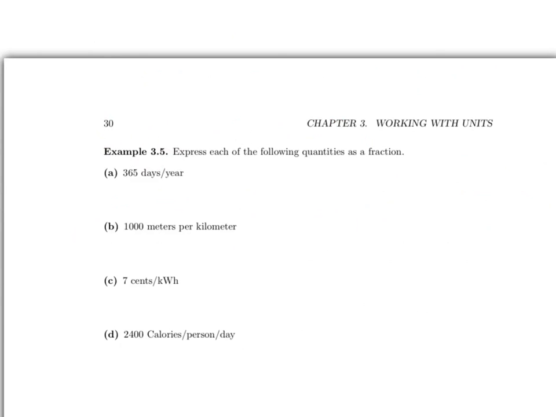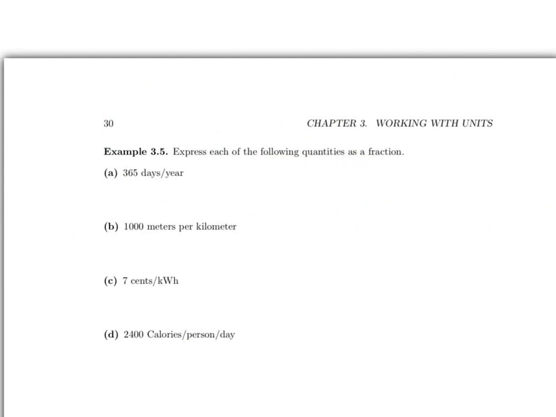In this example, all of the quantities in parts A, B, C, and D have units that are either fractional or involve the word per. Let's go ahead and express each of these quantities in fractional form, just as we saw.